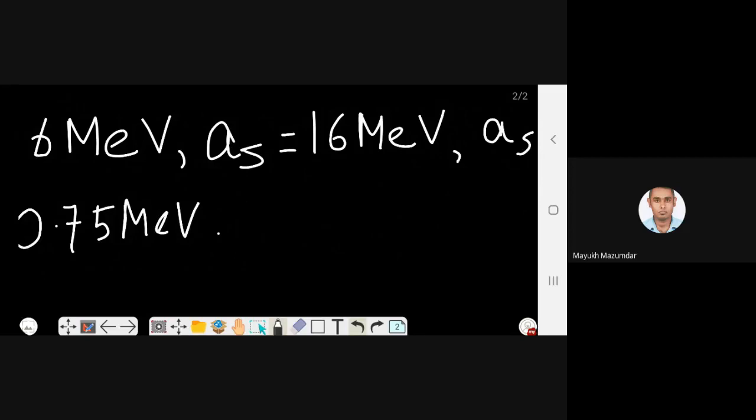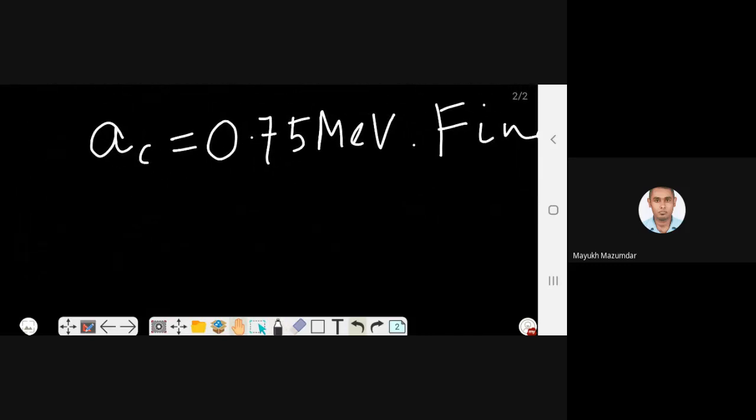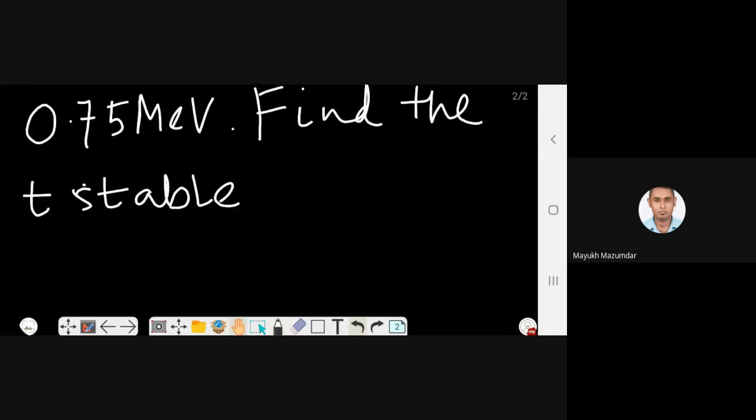For the most stable isobar, find the most stable isobar. It's an application, okay? One application of the liquid drop model.